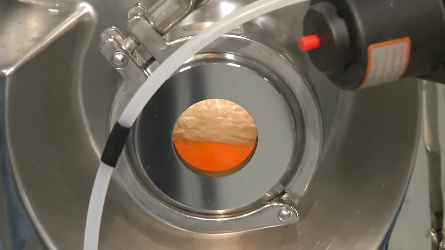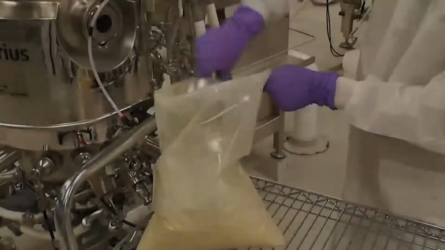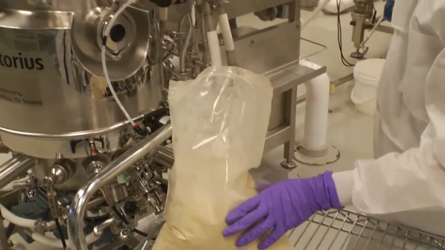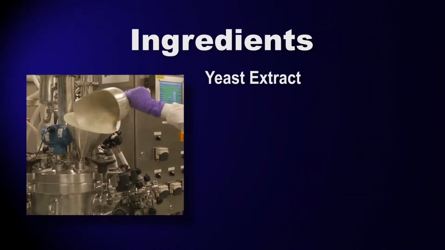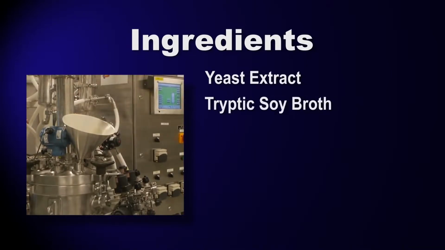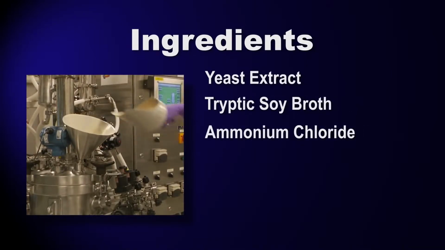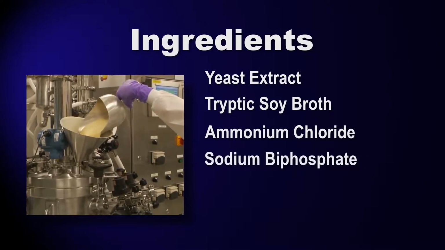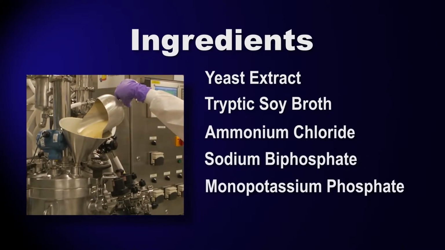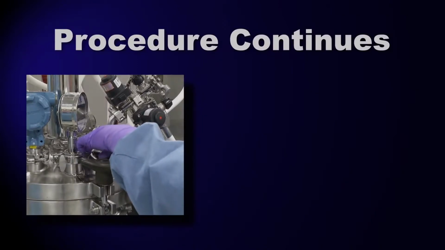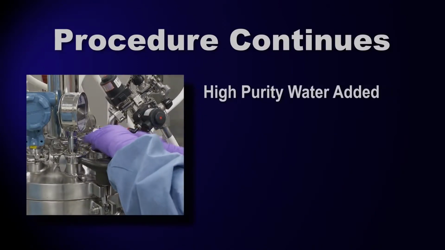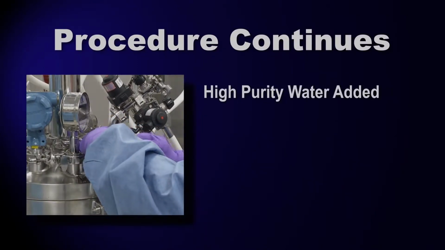The agitator is turned on, and the ingredients are added: yeast extract, tryptic soy broth, ammonium chloride, sodium biphosphate, monopotassium phosphate, and an anti-foam compound. Once all the initial ingredients are in, another 10 kilograms of high-purity water is added.